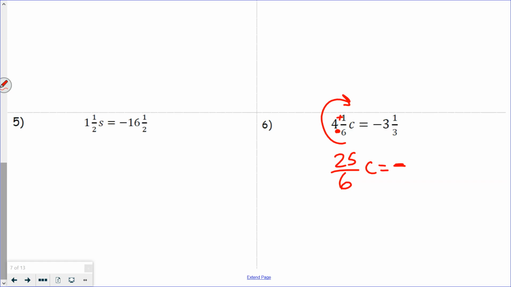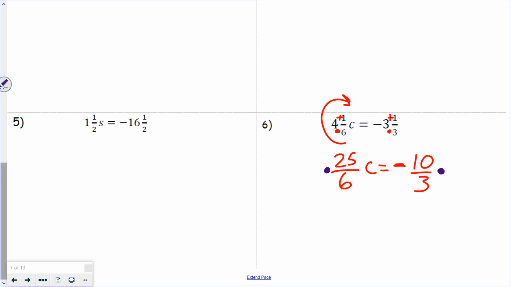So I take 3 times 3 to get a 9, add my 1 to get a 10/3. That's what my equation looks like now with improper fractions. Now I'm ready to start solving using my inverse operation, which in this case is to multiply by the reciprocal because we can't divide by a fraction.